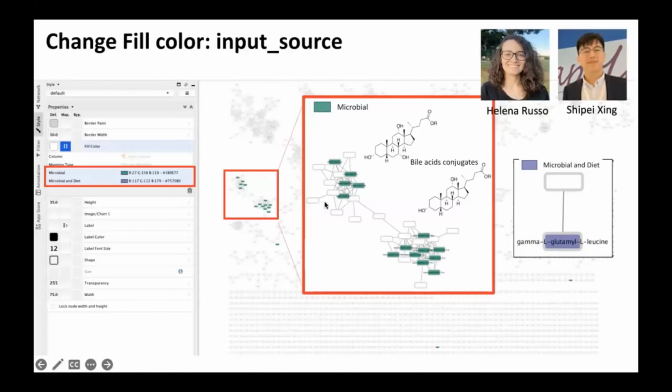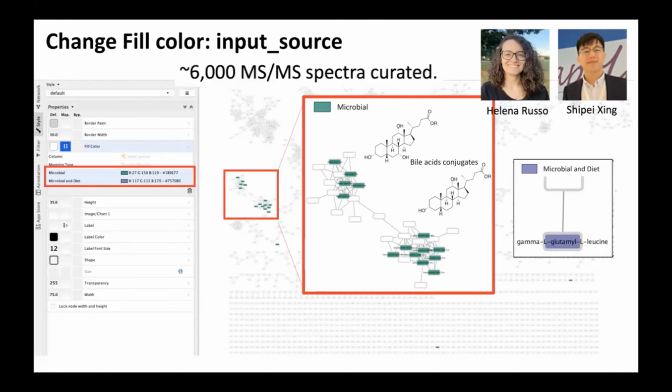Here we have an example of bile acid conjugates that are all known to be microbial derived. And then here we have gamma-glutamylglycine. We know that this is diet derived, but also that microbes are able to make it. And that allows you to give another level of interpretation.